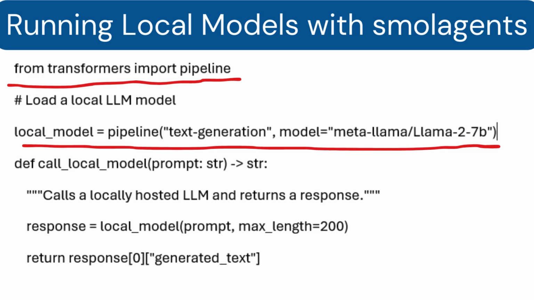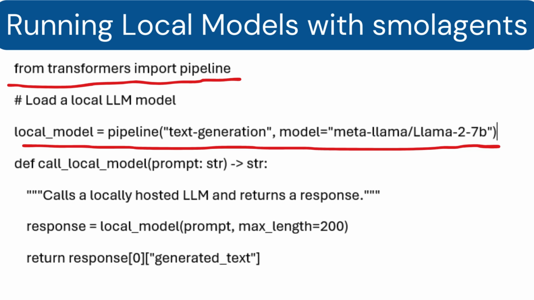The model we're using is meta-llama/Llama-2-7b, which is a 7 billion parameter version of Llama 2, a popular open-source LLM developed by Meta. This model will be downloaded and stored locally the first time you run this code. Running this model requires significant GPU resources. If you're on a standard laptop without a dedicated GPU, performance may be slow.